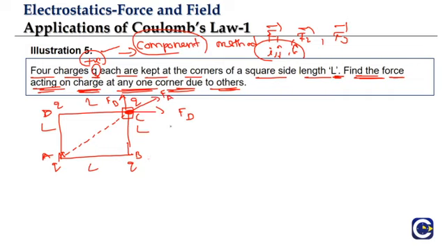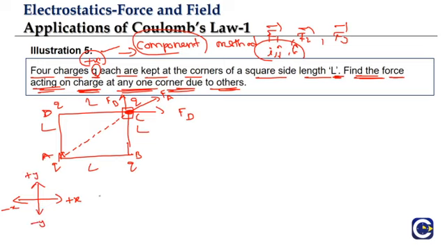They are neither parallel nor anti-parallel, and that is why we are going to solve the problem using the component method. First, in the component method, we have to express the forces in component form, meaning we should have the directions. The usual direction notation that we follow is: right side is positive x-axis, left side is negative x-axis, up is positive y, down is negative y.